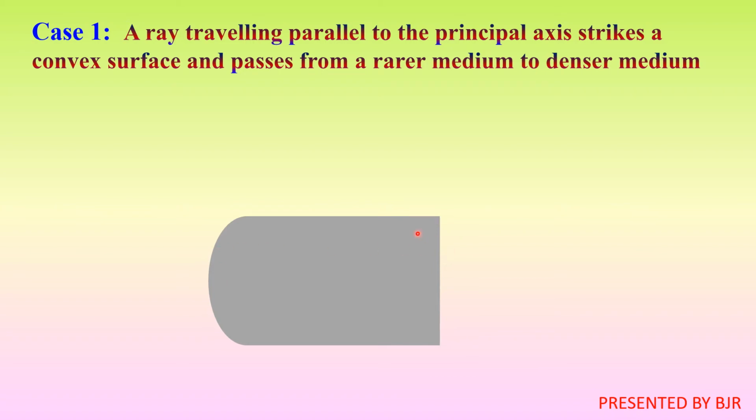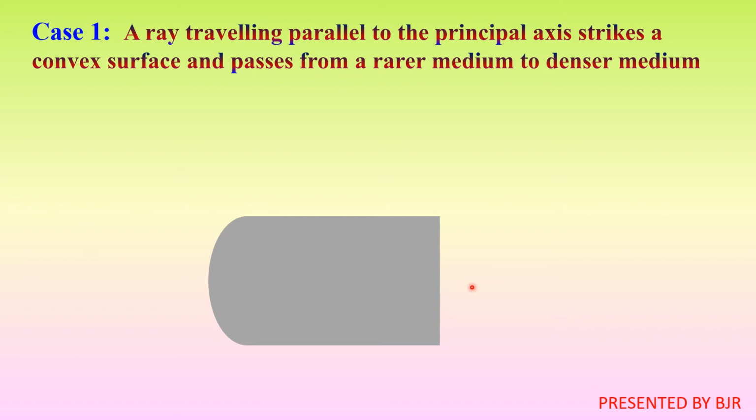Okay, this is the curved surface. So this one is the convex surface. How can we decide whether it is a convex surface or a concave surface? With respect to the incident ray, we have to decide.